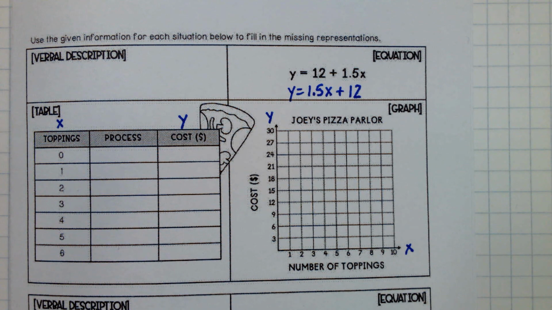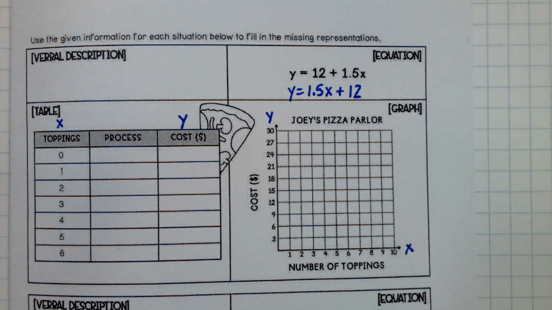Think of what we're measuring. Cost and toppings. What's y over x? Cost over toppings. So what are the units? Dollars and number of toppings. So it would be dollars per topping.